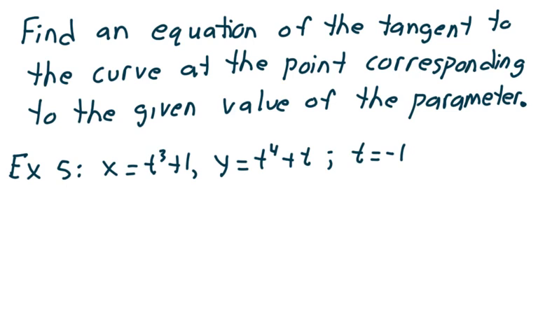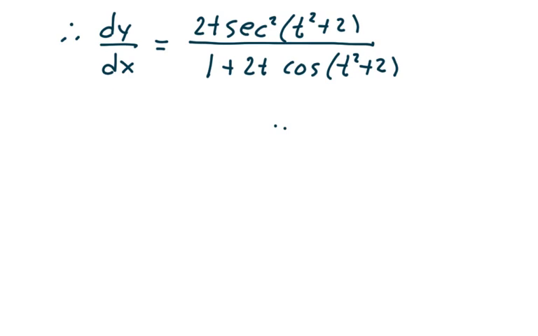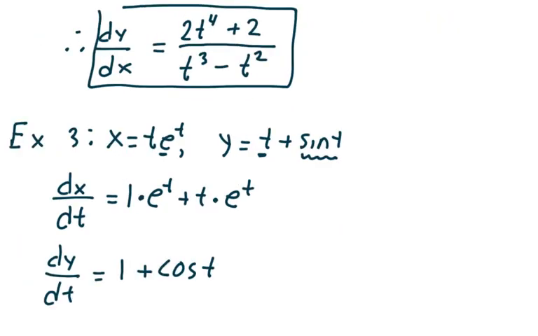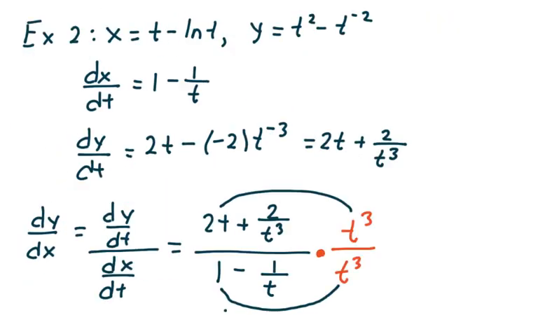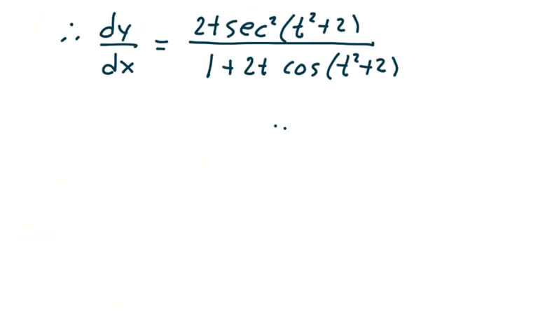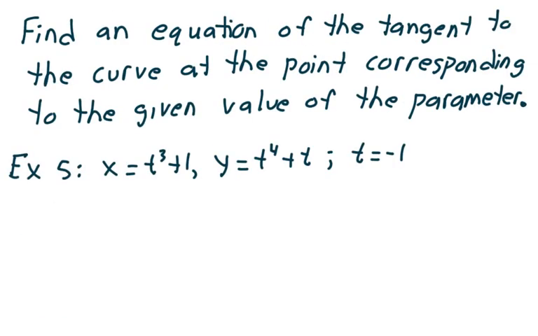So you need a slope, you need a point. Now, when you think of slope, we should be thinking about dy dx, right? And we just learned over here that dy dx is dy dt divided by dx dt. So let's come back and maybe we can take advantage of that.